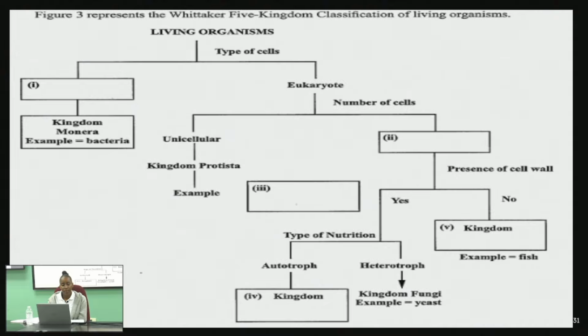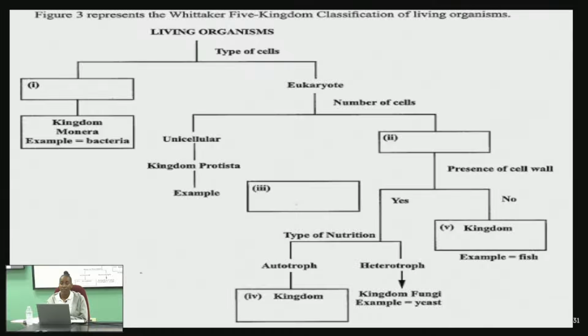So for I, where we have types of cell, and we have eukaryotes identified already, it's asking us to identify the other type, which would be prokaryotes. And we saw it gave an example with kingdom Monera, and an example of it is bacteria. Then under eukaryotes, where we see number of cells, one division says unicellular, and the other division is empty, which is II.